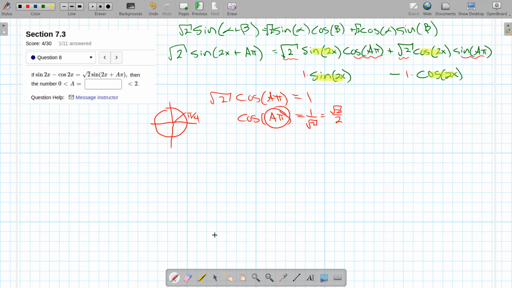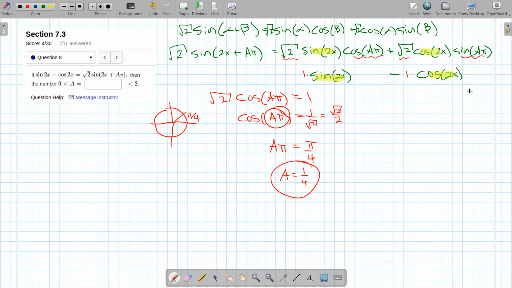So I think this angle right here is supposed to be pi over 4. So a pi is the same as pi over 4. Divide the pi's out, and I get a is supposed to be 1/4. And they claim a should be some number between 0 and 2.